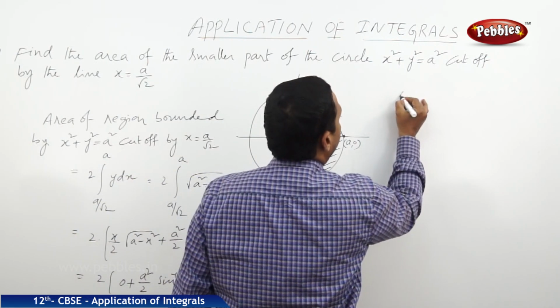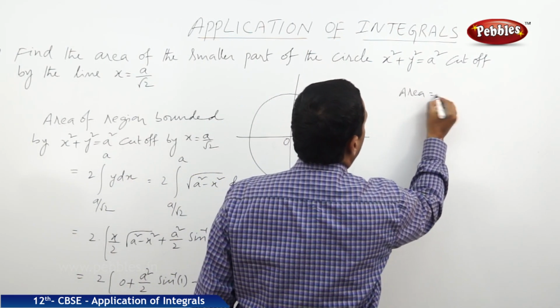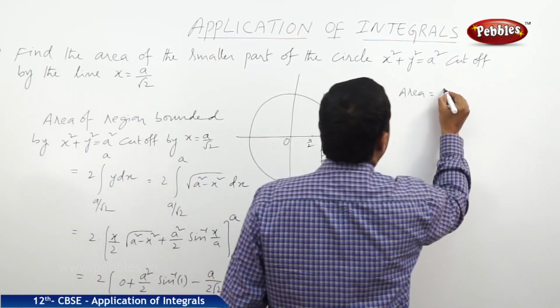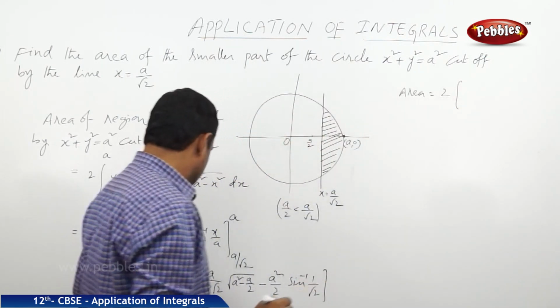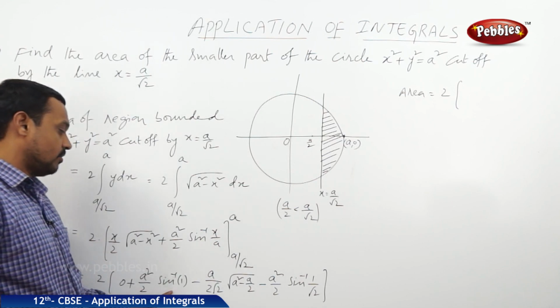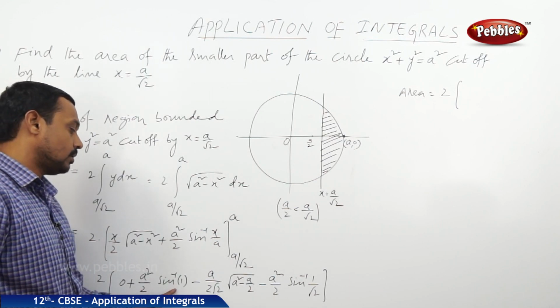Now the required area is equal to 2 times of a square by 2 into sine inverse 1. Sine inverse 1 is equal to what? Pi by 2.